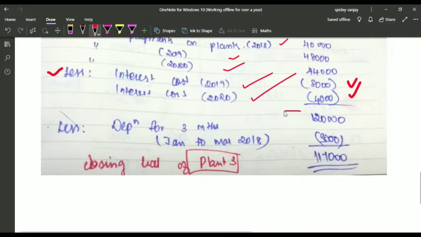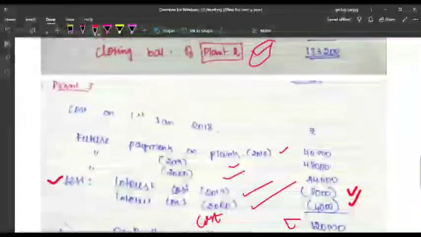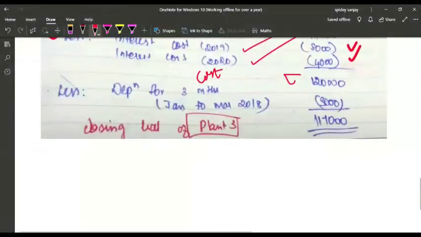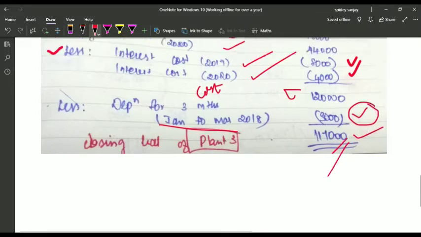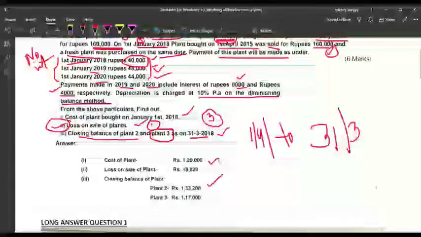From that we reduce the depreciation. The asset is purchased on 1st January 2018, so there will be only 3 months of depreciation, January to March. After reducing it, we get the closing balance of plant 3 as 1,17,000. As you can verify in the solution given by the institute, we have arrived at all the values correctly.